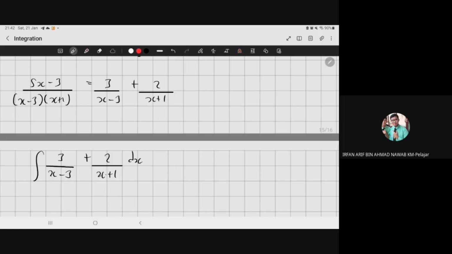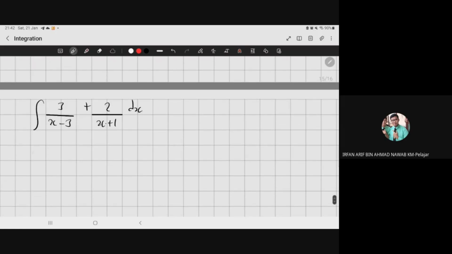Now, as you recall about the formulas for the integral of rational functions, you should get 3 ln of x minus 3 plus 2 ln of x plus 1 plus C. There you go. Right? But if you're uncertain, you could use substitution. But well, nothing much to worry about. But yeah, if you want to use substitution, then go ahead, no problem.